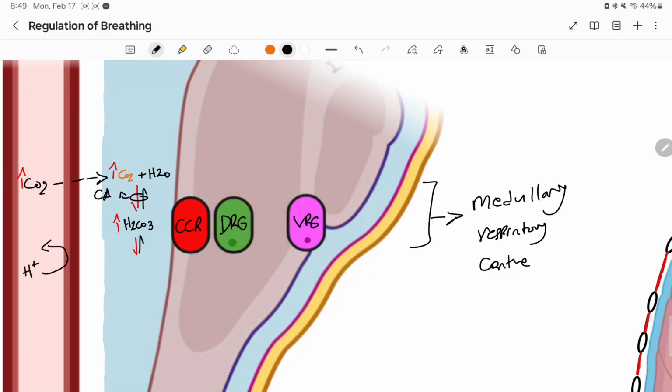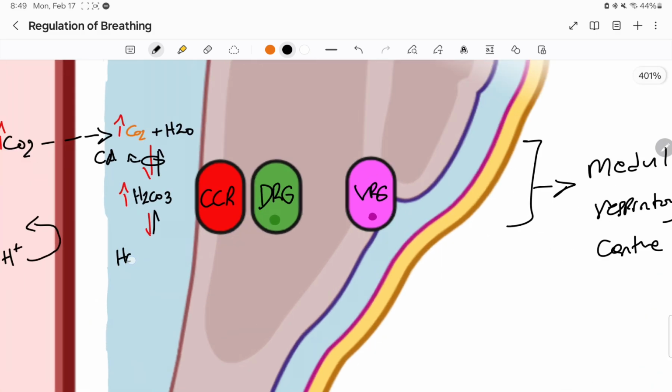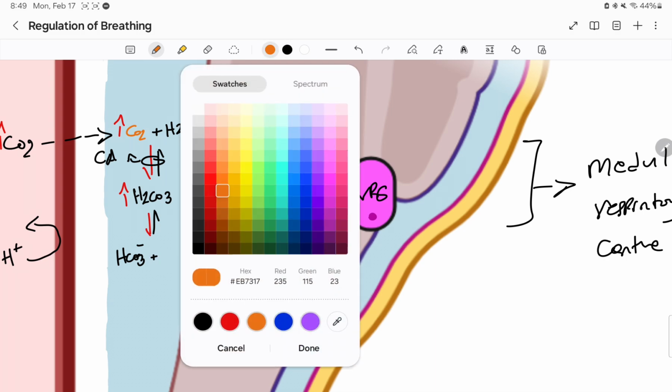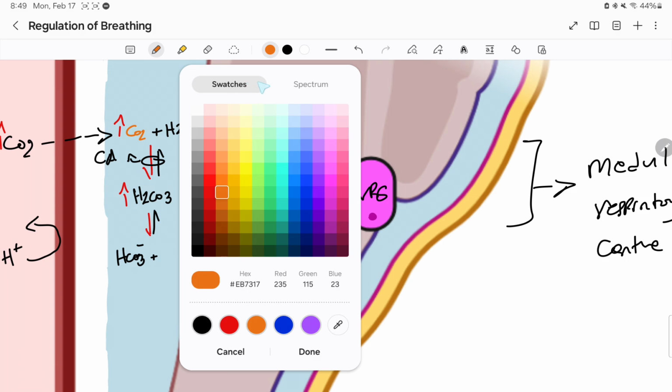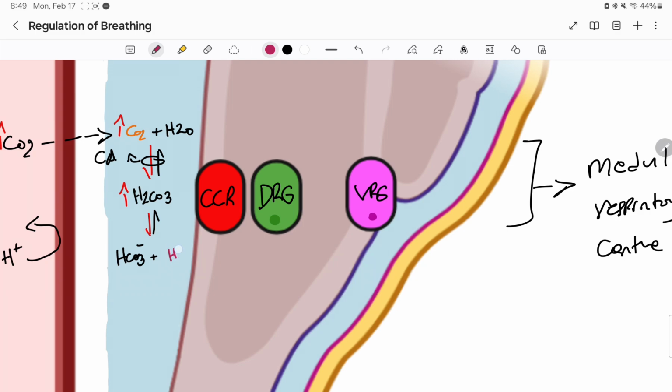Dissociate into what? Well, it'll dissociate into something called a bicarbonate ion, which has a negative charge on it, and this other special molecule here, ion, and that special ion is actually going to be called a proton, okay?